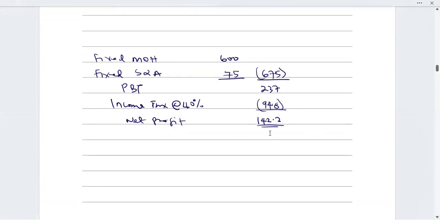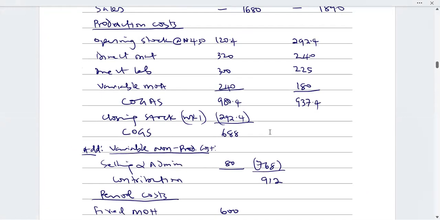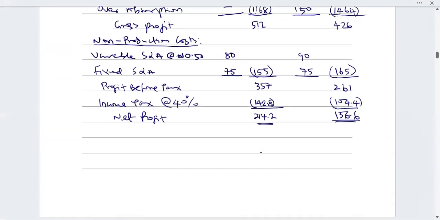Here is 163.4. So what's the difference? 774. So let's add variable non-production costs. Selling and admin expenses in 2009 was 90,000.